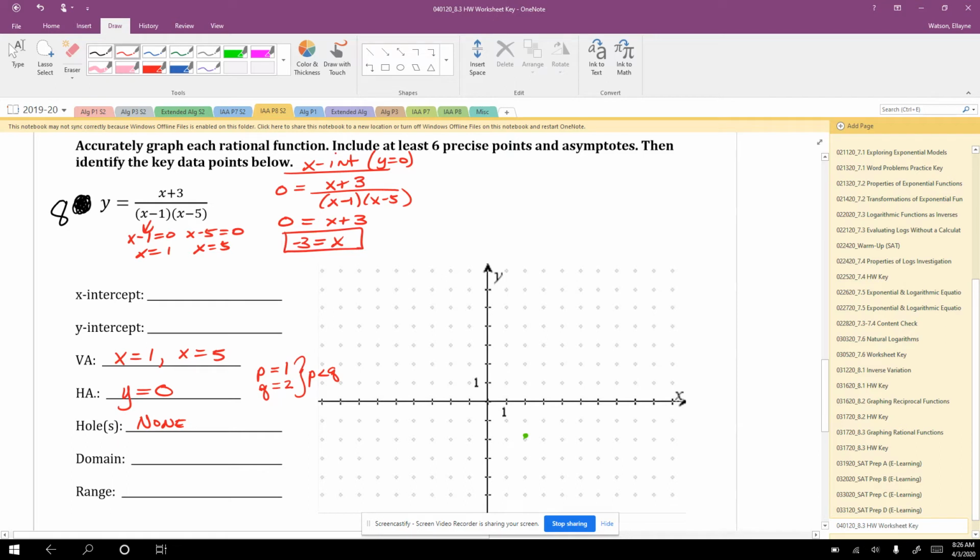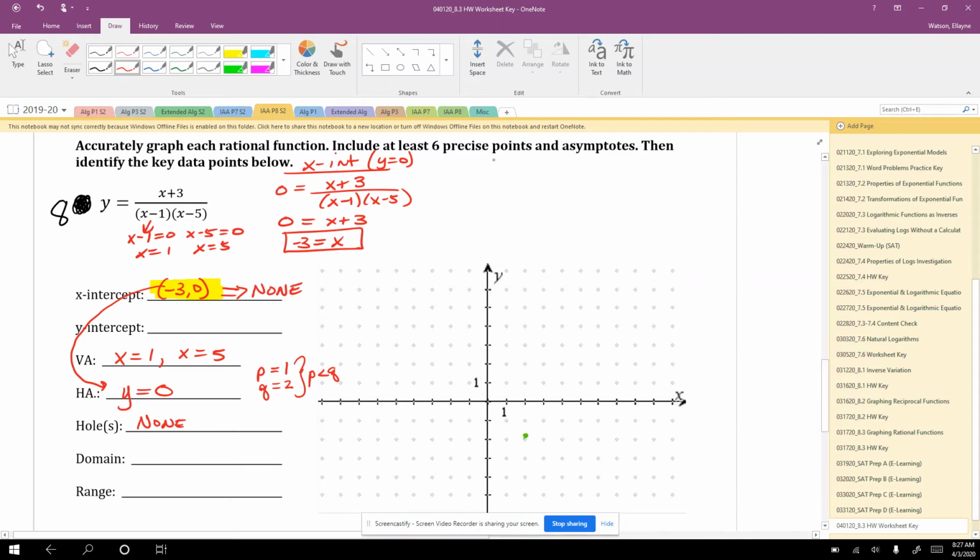So your x-intercept would be at negative 3, 0. However, take a look: it cannot be there because of the horizontal asymptote. So actually, there is no x-intercept. That's a weird and hard thing to remember to look at, but the reason it can't be there is that there is a horizontal asymptote at 0, so you can't have an intercept there.